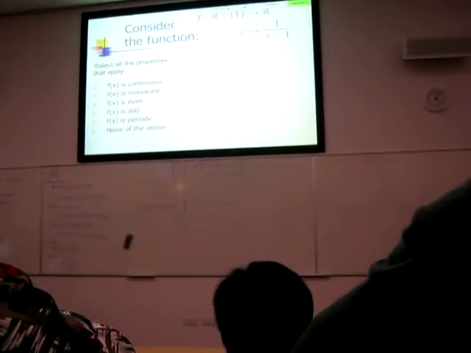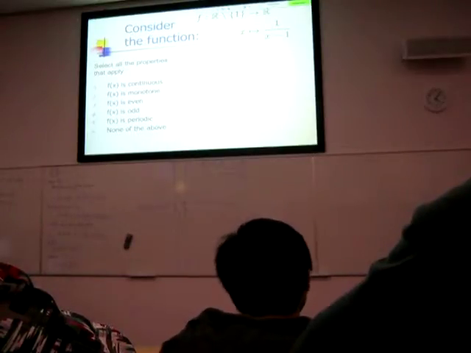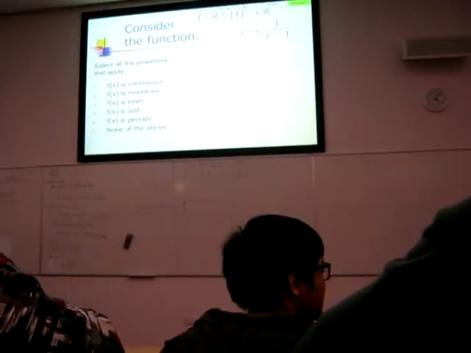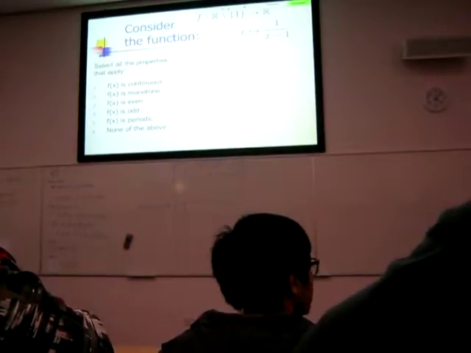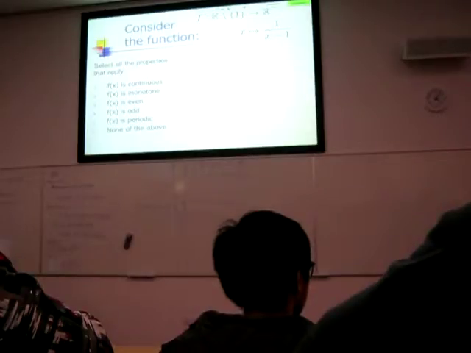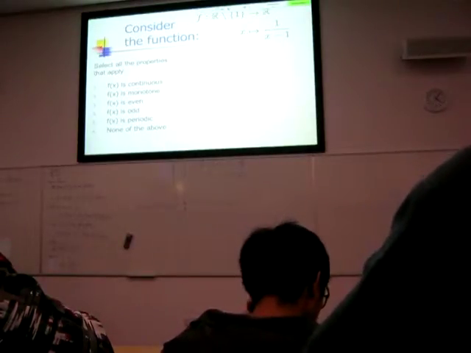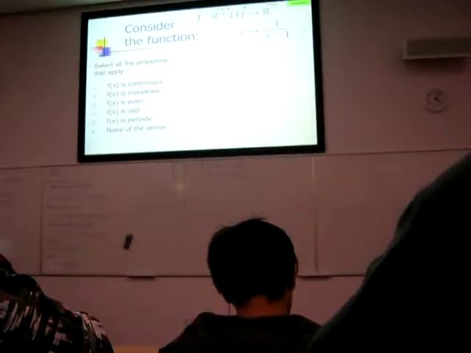So, there's an example where we had a graph like this. So at 0, basically, I have to lift up the pen and continue drawing this way. So this function is discontinuous.